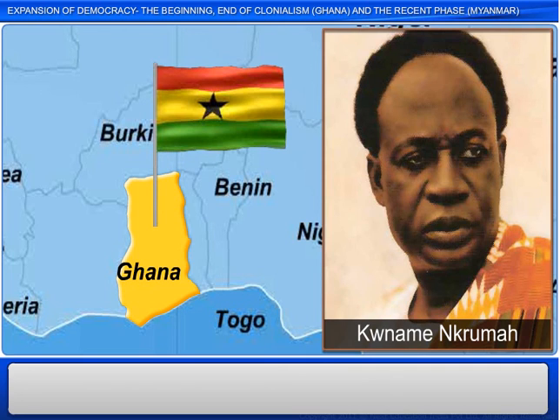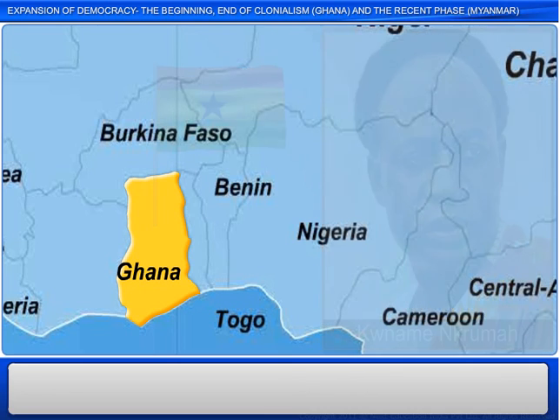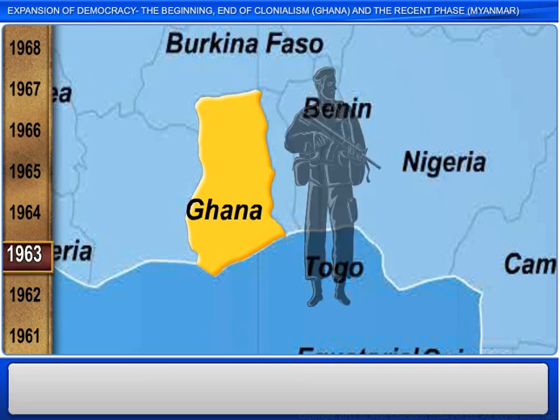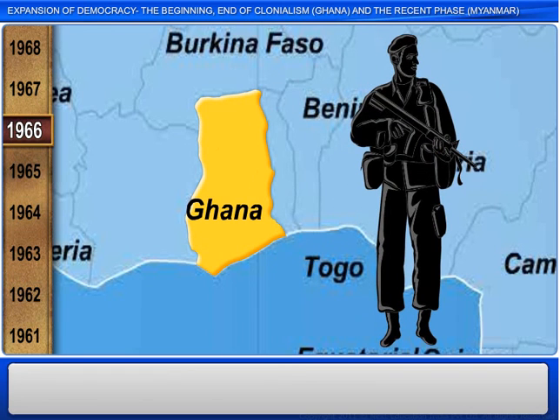He became the first Prime Minister and then the President of Ghana. The democratic tradition here, though, was short-lived, as Nkrumah elected himself President for life. Subsequently, he was overthrown by the military in 1966. Many countries in Africa and South America suffered a similar fate.